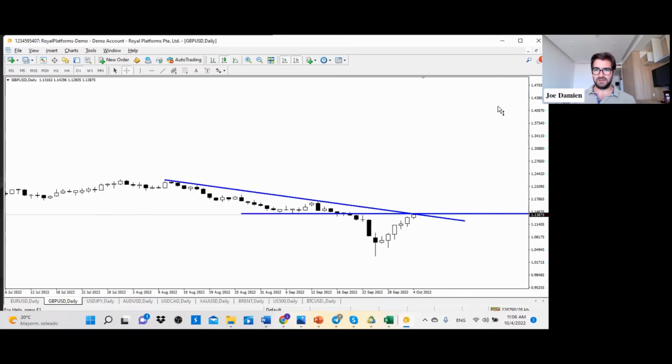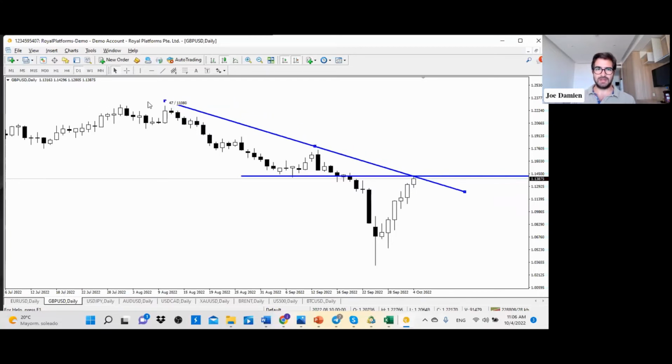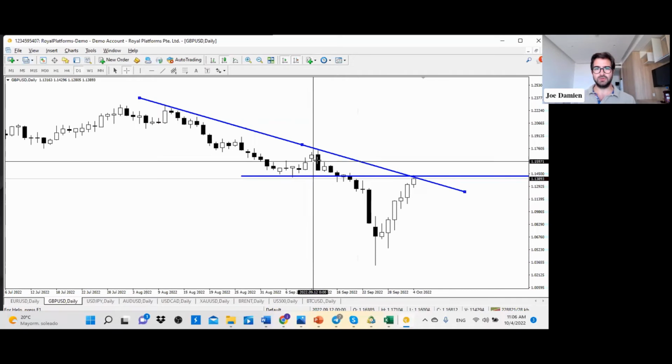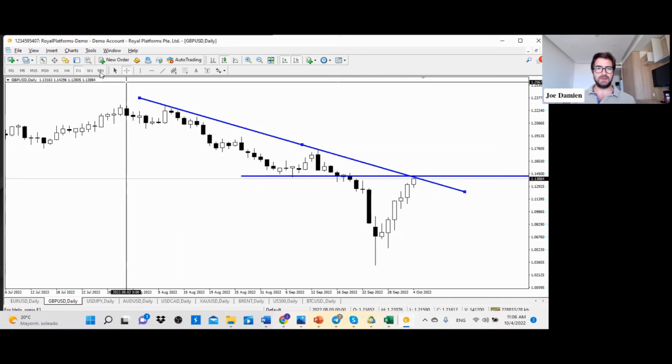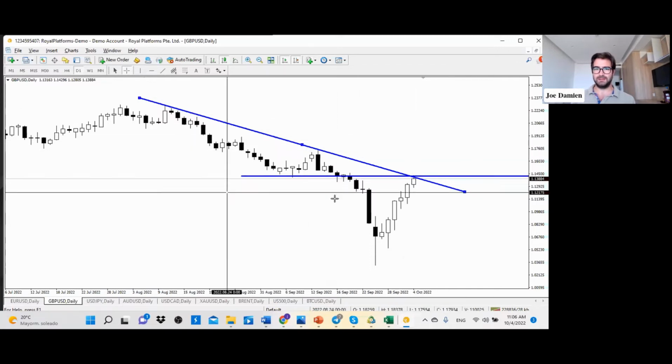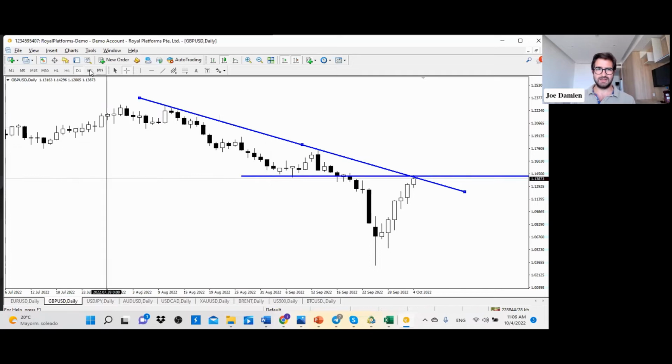On the daily time frame, what we did is we used a bearish trend line by connecting those 2 points, peaks 1 and 2, and then you can see that the market is respecting this bearish trend line. Also, we have a strong resistance here.